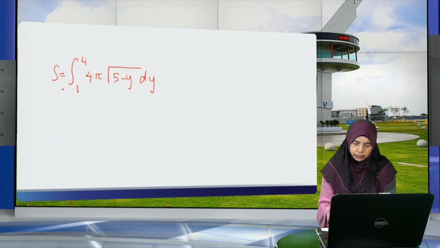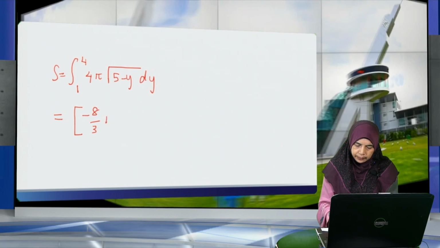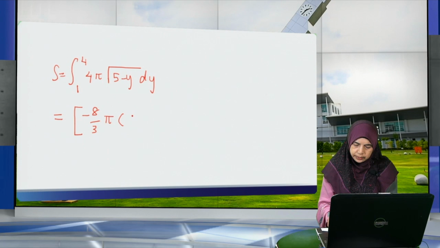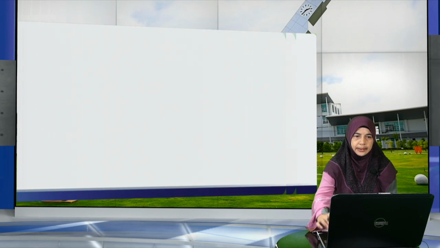That one is equivalent to what we just found: minus 8 divided by 3, and then we have pi here, and we have changed that u to 5 minus y to the power of 3 over 2, and then we need to evaluate from 1 to 4. So you just substitute values in, and then we should get the answer. Let's do that on the other slide.